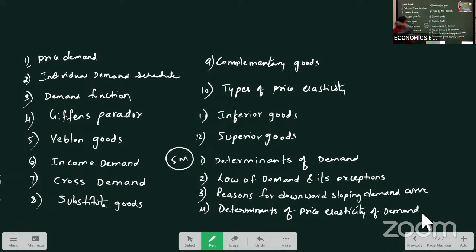Okay, so out of these 4 questions, you will get 2 questions compulsory, and out of these VSAQs also, you will get 2 VSAQs compulsory. So these all we have discussed from this chapter. This completes your demand analysis. Just go through all the questions.